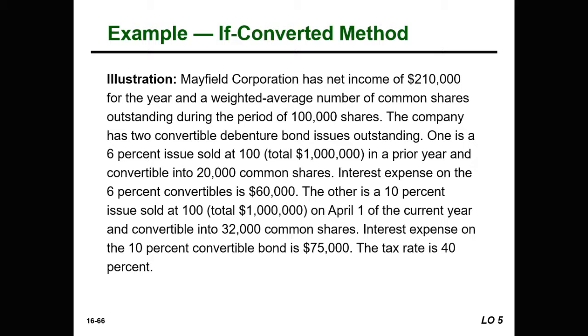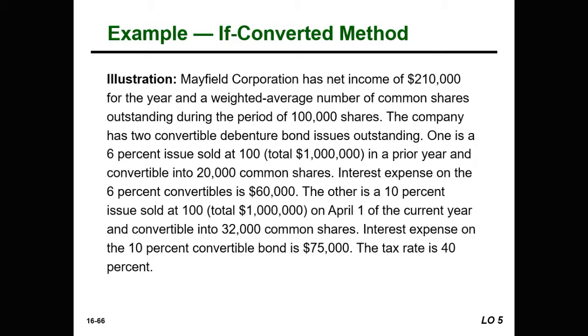The interest expense on the 6% convertibles is $60,000. The other is a 10% issue sold at 100, total $1 million, on April 1st of the current year, and convertible into 32,000 common shares. The interest expense on the 10% convertible bond is $75,000. The tax rate is 40%.